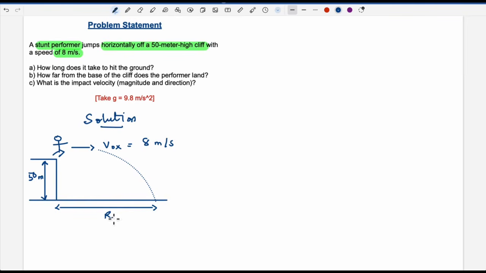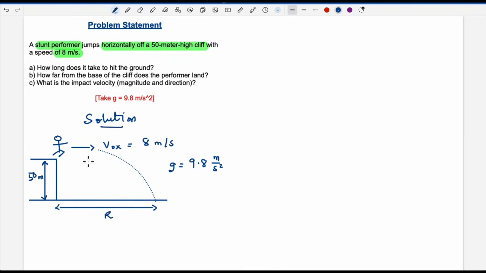One important thing we need to note is that the acceleration of free fall g, which is given to us as 9.8 meters per second squared, acts downwards. For the vertical component of this motion, the stunt performer is going to fall vertically with his speed increasing until he hits the ground.